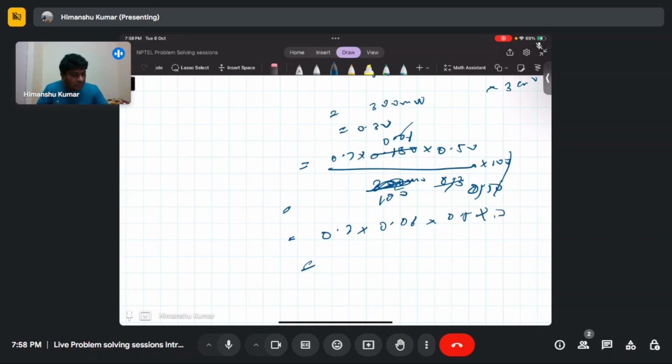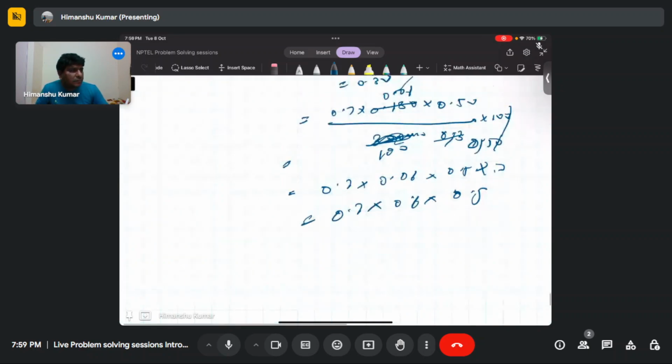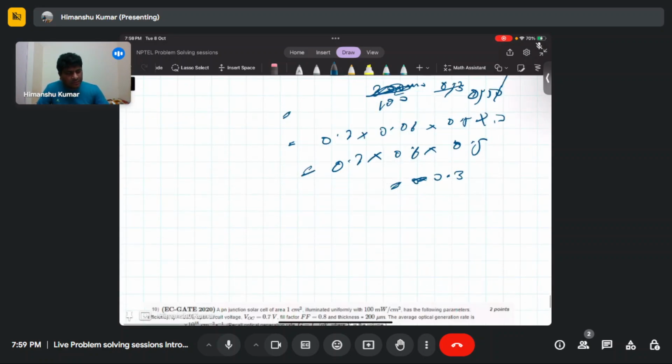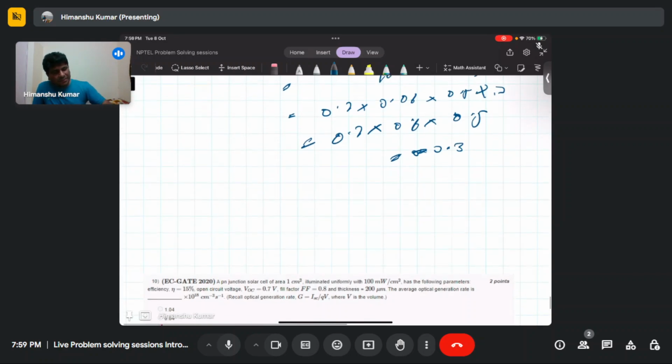So this will become 0.7 times 0.6 times 0.5, which is 0.3 times 0.7, and this will become 0.21.